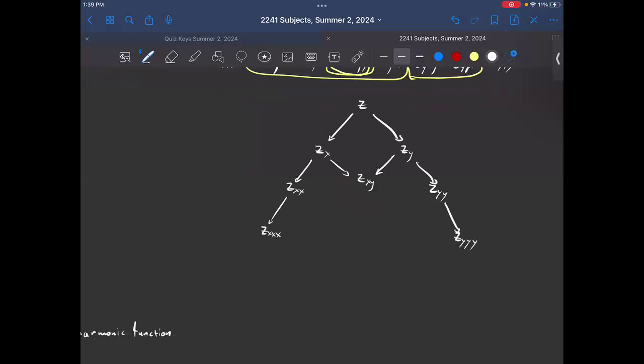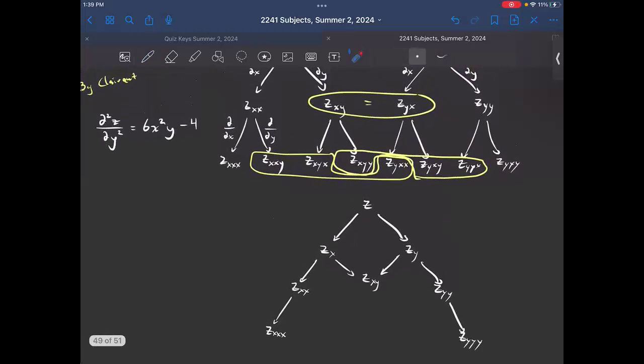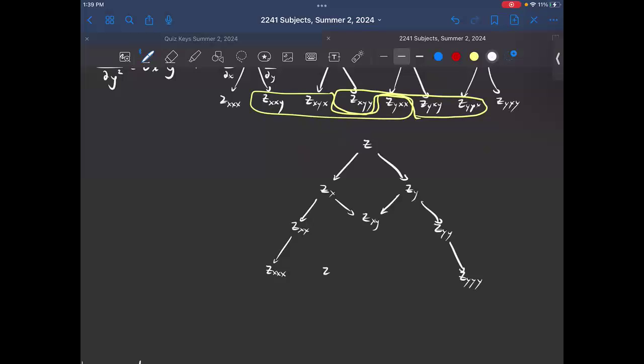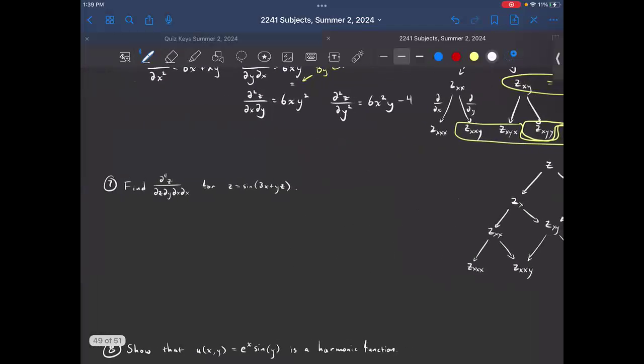But now I have a bunch of derivatives that end up being the same, and that's because these guys all got grouped together. And so I can just write zxxy and zxyy. Now I have a sort of weirdly oriented grid of derivatives. So that's just some interesting structure in partial derivatives that you don't get with single derivatives.